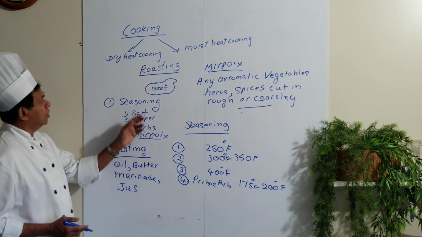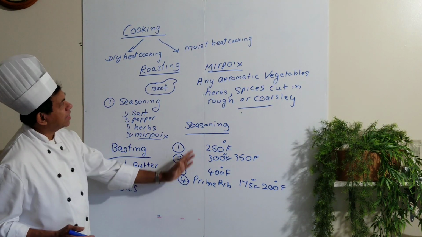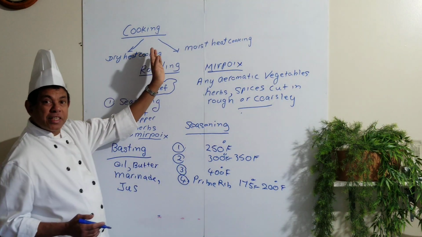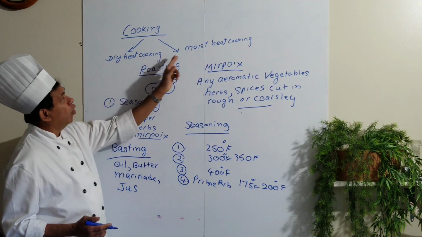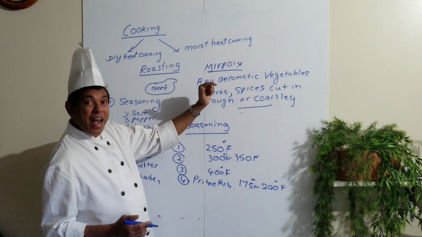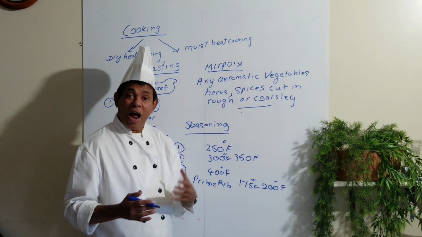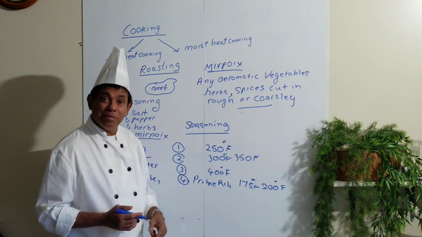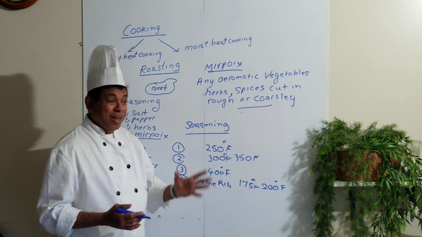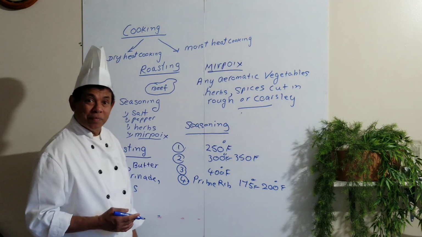Now these are the basic things when you do roasting. It is dry heat or moist heat. I'm going to explain next time what moist heat cooking is, and how you handle items or meat under moist heat cooking.